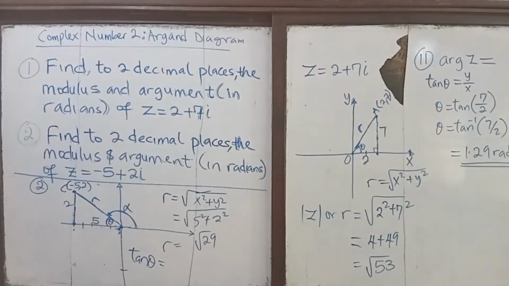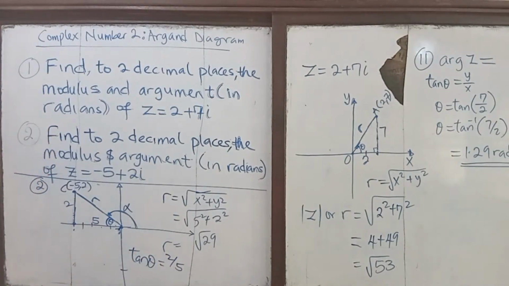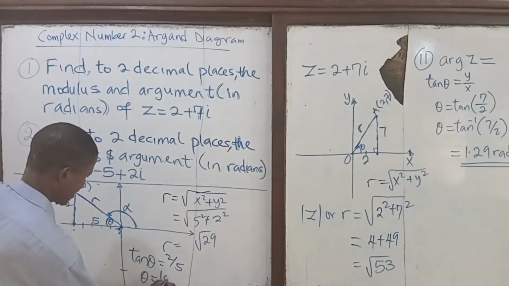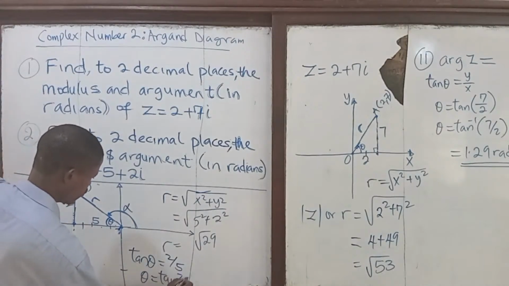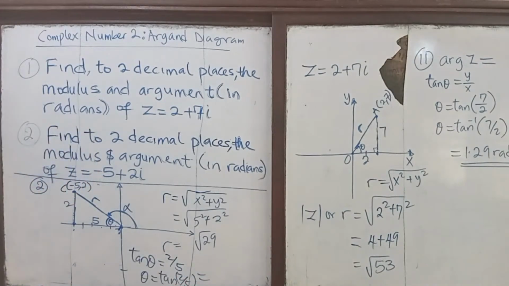So tan alpha is opposite over adjacent. Then you get alpha, that will be arctan of 2/5. Check your calculator and make it in radians.